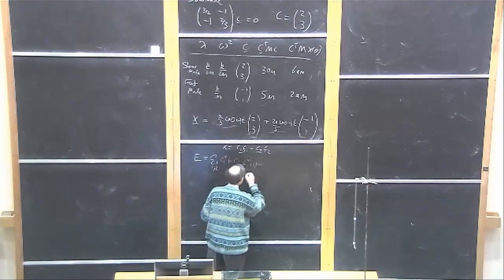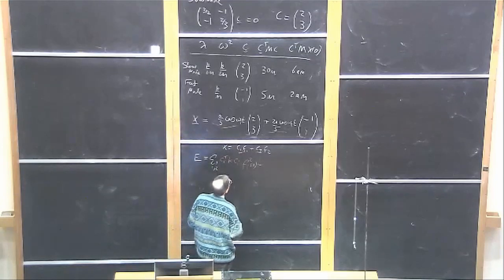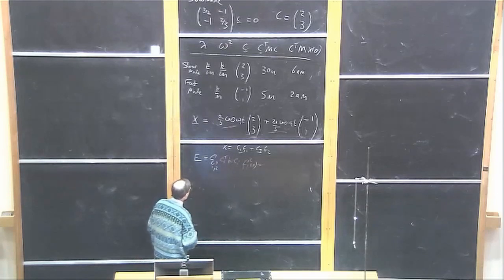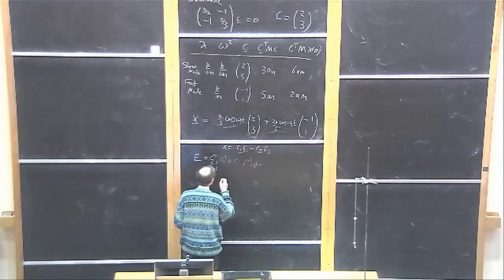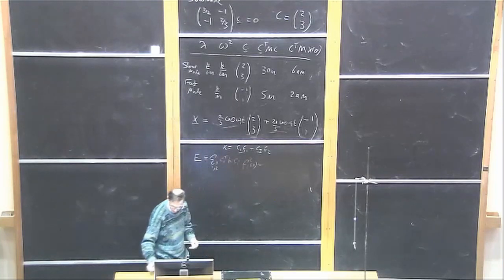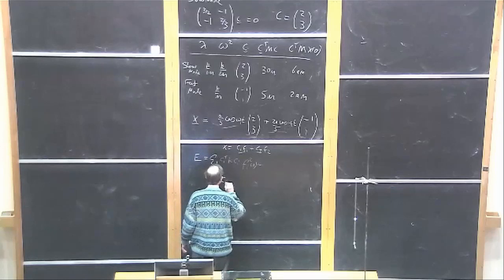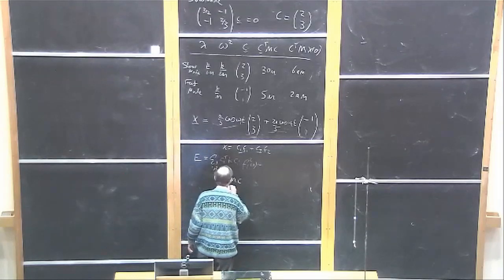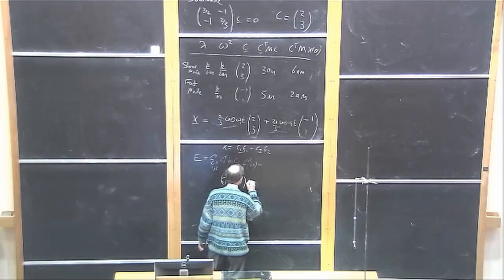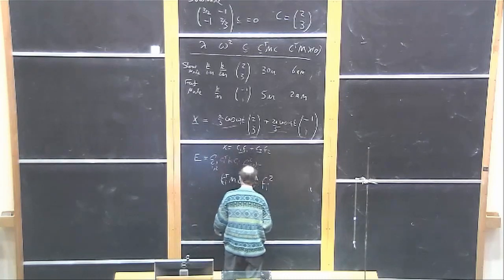And I'm going to put in a naught in there because I want to evaluate it at t equals naught, and the cos is just going to become 1 there. So here, K C I is M I, so that's C I transpose M C times the eigenvalue lambda, which is omega I squared, times F I squared.